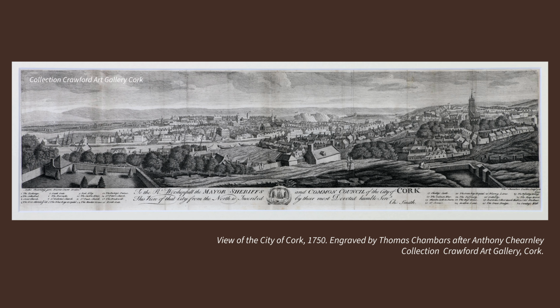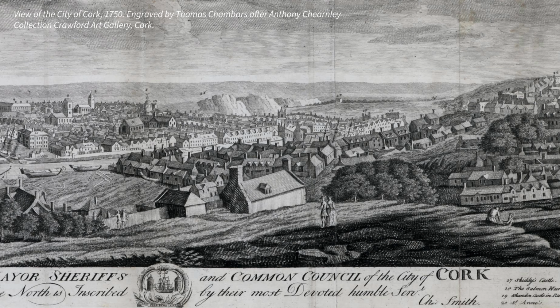In Chambers and Chernley's view, we see figures in the foreground who are, I would say, performing particular types of function which relate to identities that the Cork Historical Society wanted to promote.